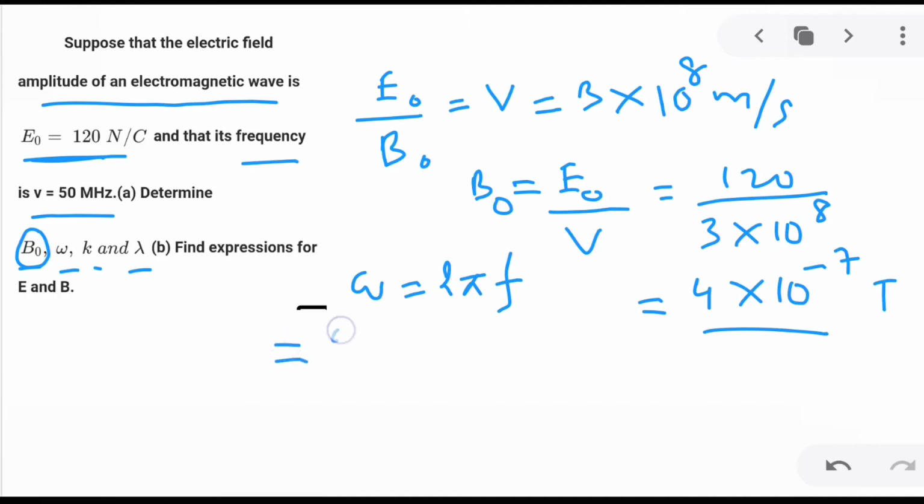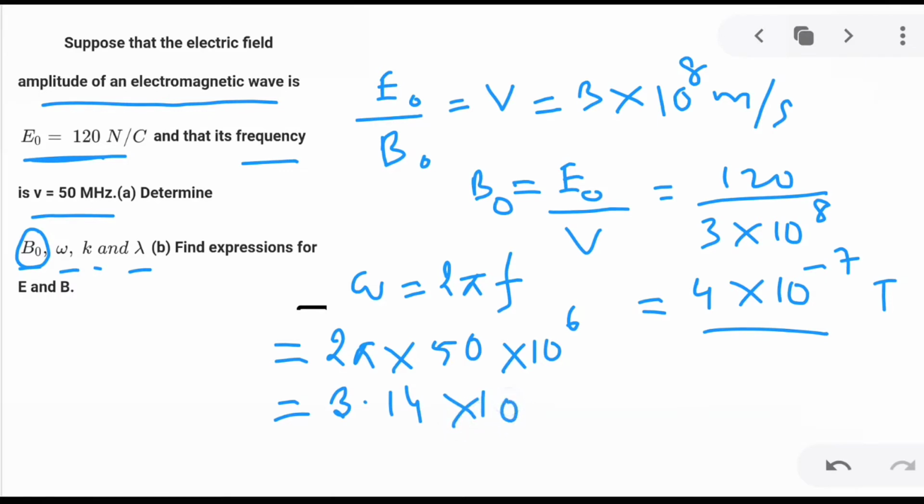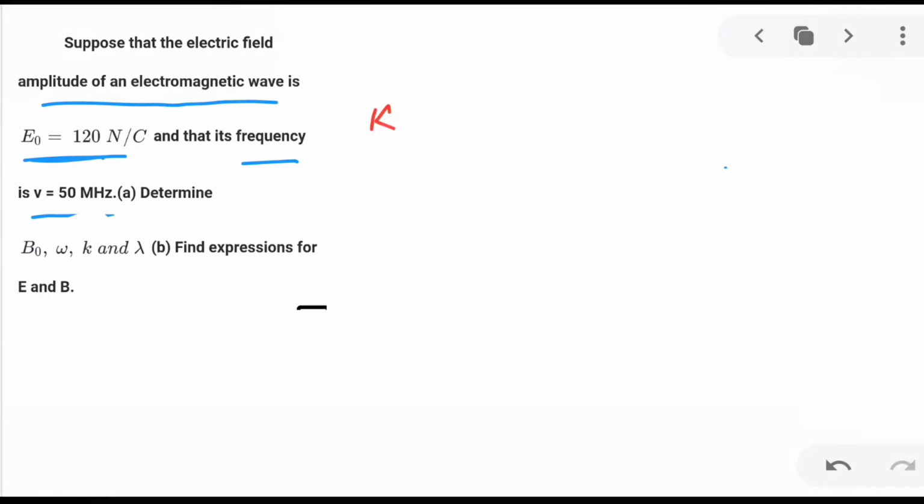So this is twice pi into 50 into 10 power 6, which is 3.14 into 10 power 8 per second. So this will be the angular frequency. Then it is asked the value of K. Now what is K? K is equal to omega by V, angular frequency by velocity.